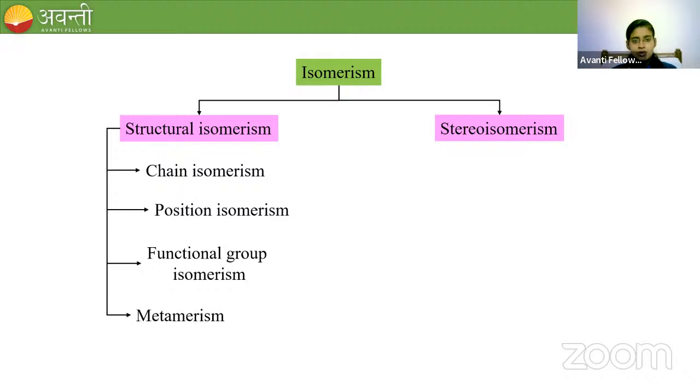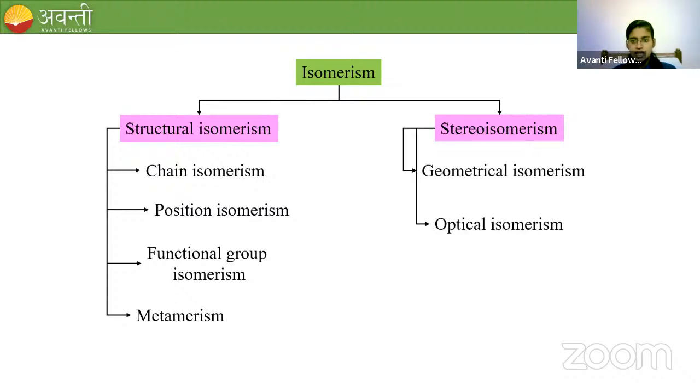Now stereoisomerism is classified into two: geometrical isomerism and optical isomerism. So these are the classifications of isomerism.